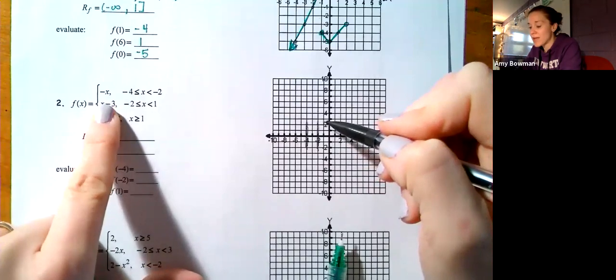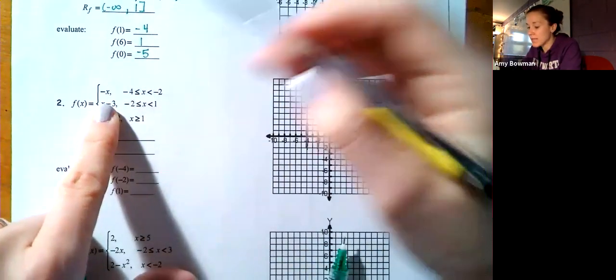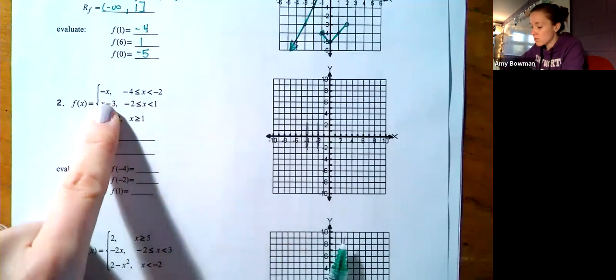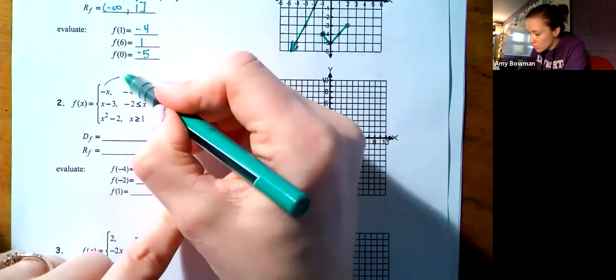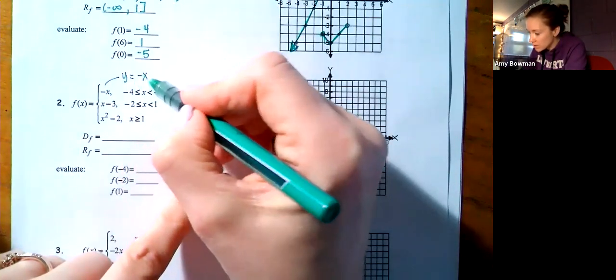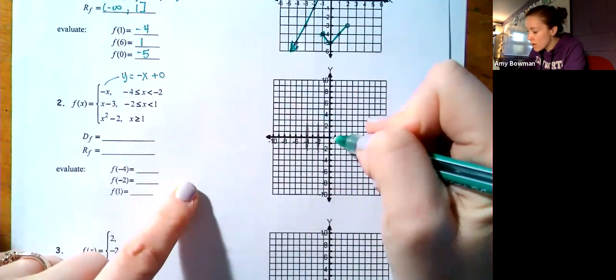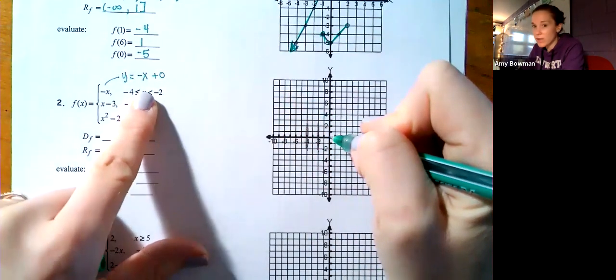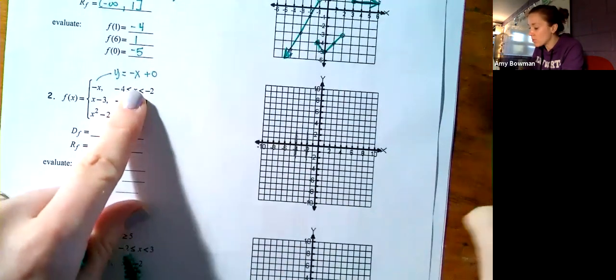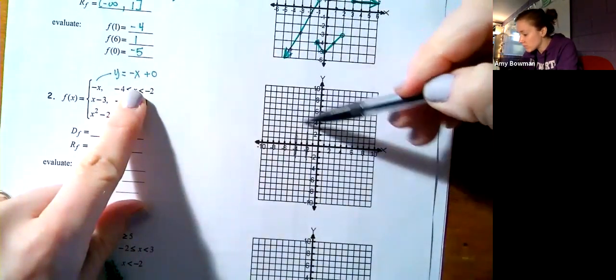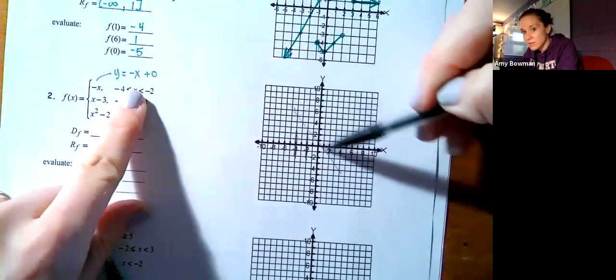-x, remember, that is a linear function. So this right here, think of it as y equals -x plus 0. So it's a y-intercept of 0 and a slope of -1. Typically, what we would do is draw that line right here, right?